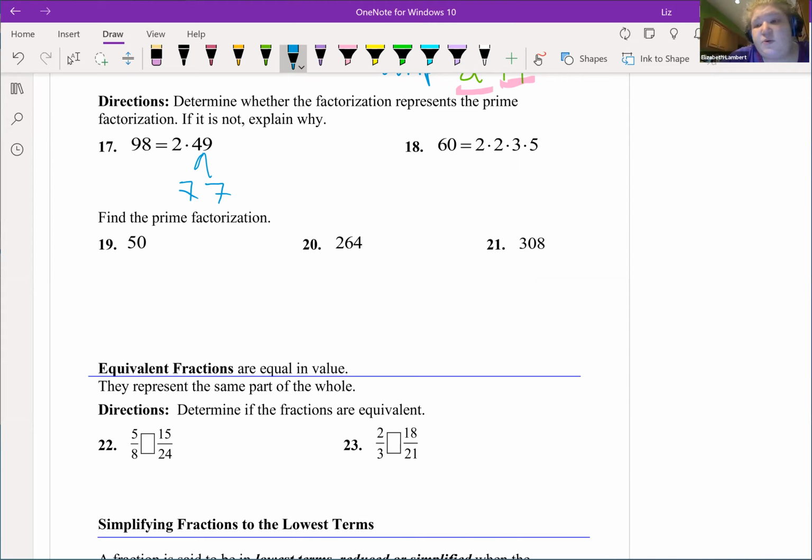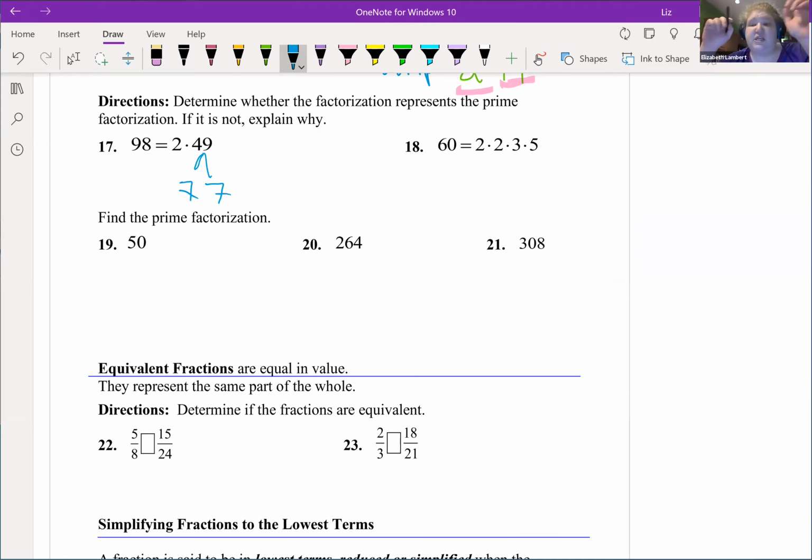So 98 equals 2 times 49 is a factorization, but it is not the prime factorization of 98 because it was not a product of only primes. They still had a composite number in there. This was kind of confusing the two definitions we talked about. We talked about factorizations that had two numbers being multiplied, that got us back to the result, which this is.